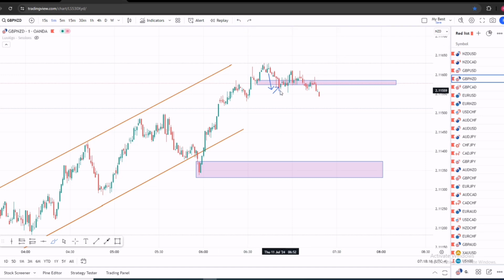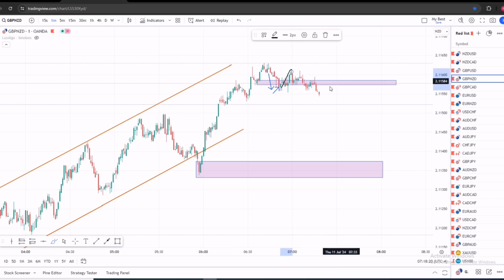When you see price coming to close above this key level, you don't panic, just know it is a pullback. But what you must know is that the pullback should not close above this level, this highest point. It shouldn't close above it in a full candle.